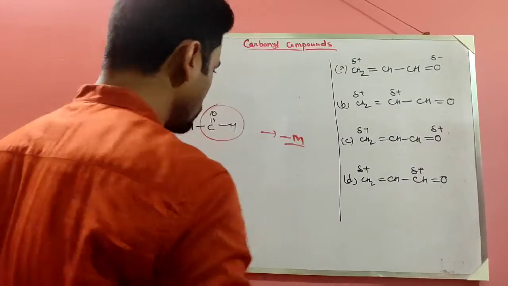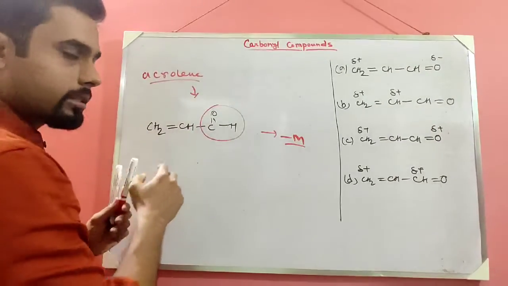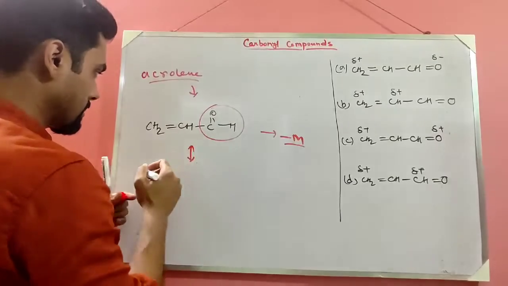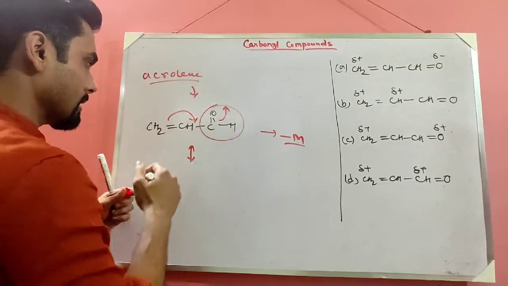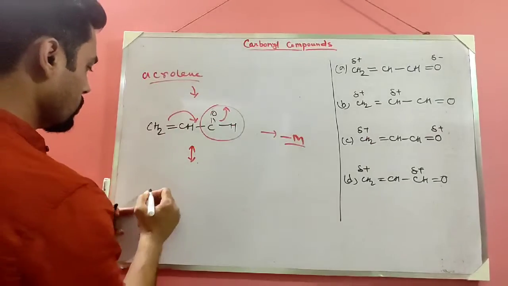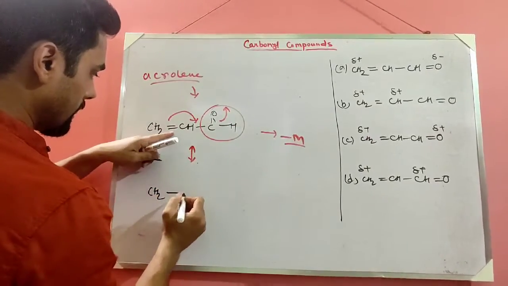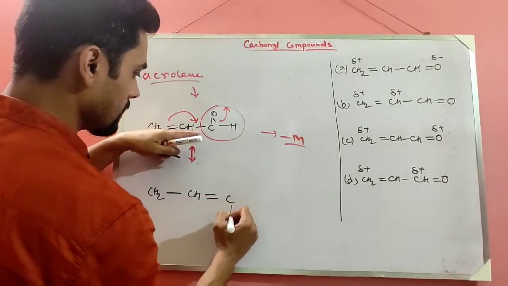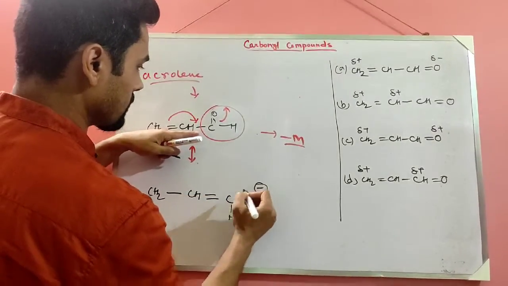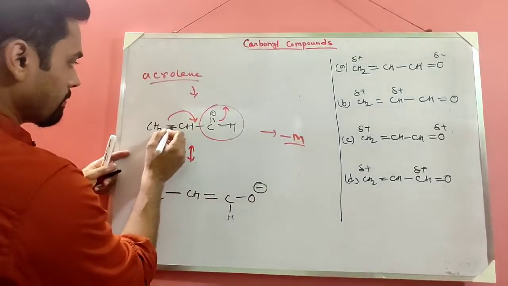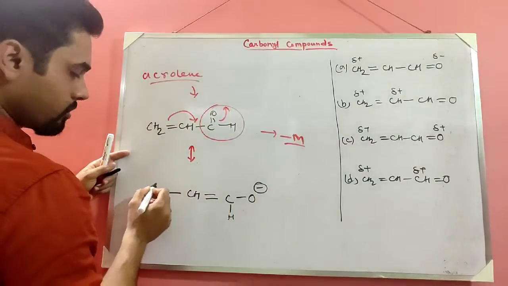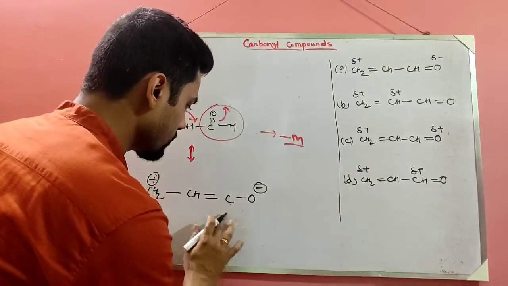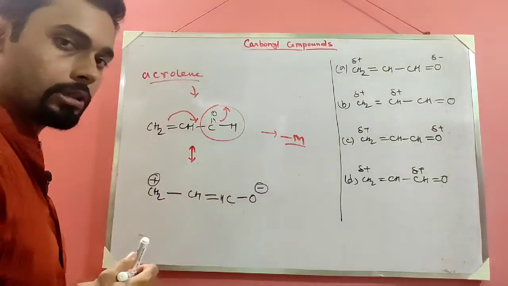So the pi electrons migrate and resonate like this, and oxygen gets a minus charge. CH2 with a single bond, CH with a double bond, CH, and oxygen gets a minus charge. Pi electrons shift from this carbon, so it gets a positive charge. So this is the resonance structure of acrolein.